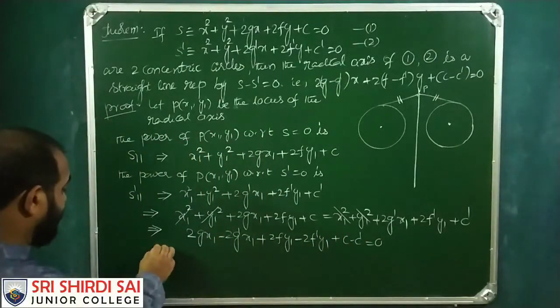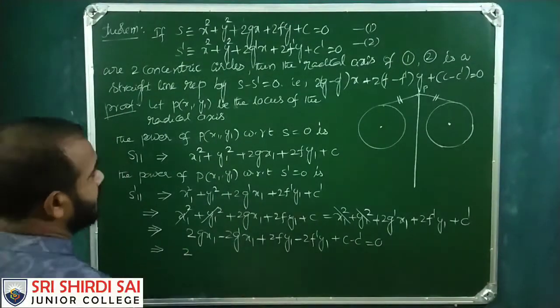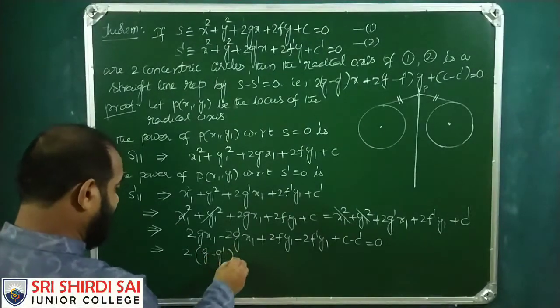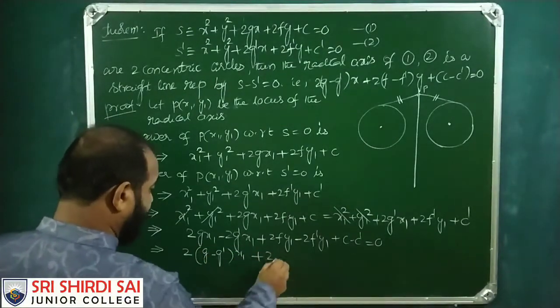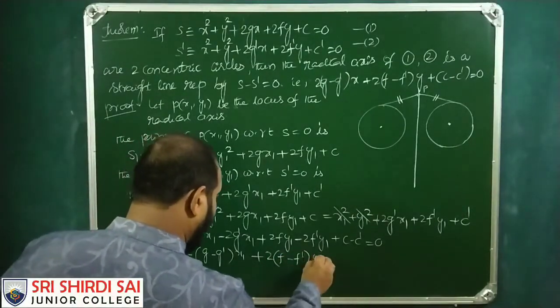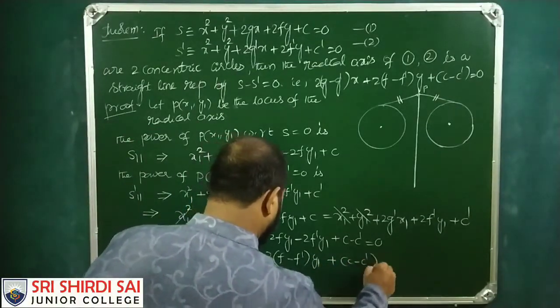So from this, 2 into (g minus g dash) x1 plus 2 into (f minus f dash) y1 plus c minus c dash equals 0.